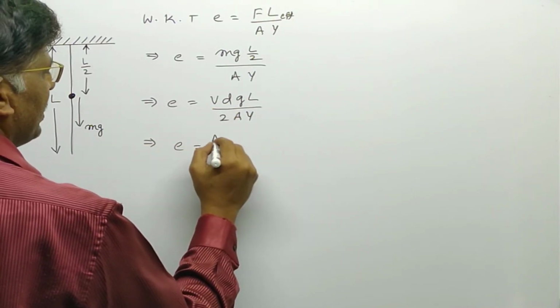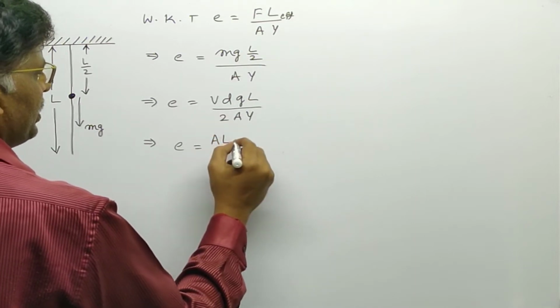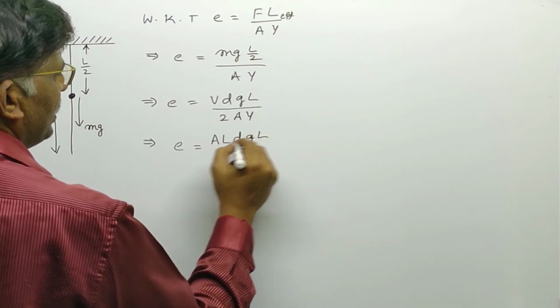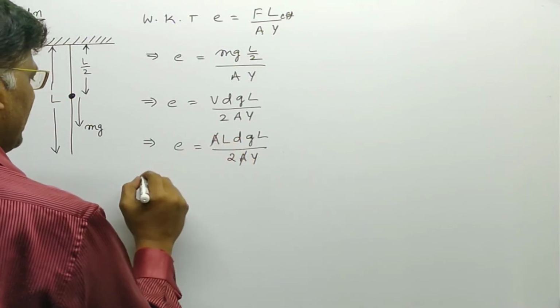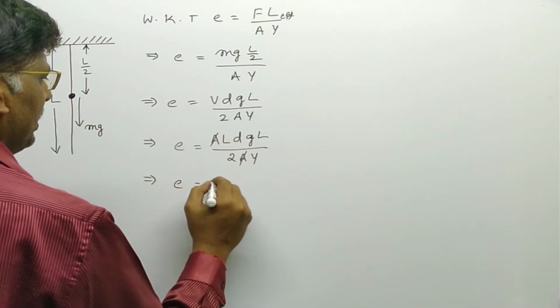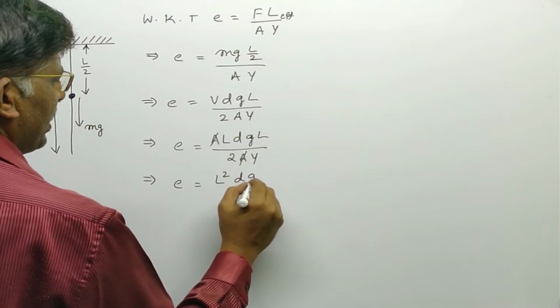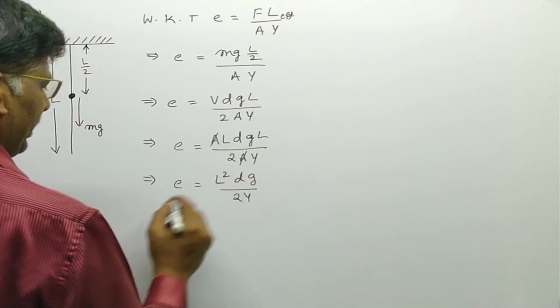Further, volume can be written as area of cross section A into length L, so E is equal to A L d g L divided by 2AY. Here A cancels. That implies E is equal to L square d g divided by 2Y.